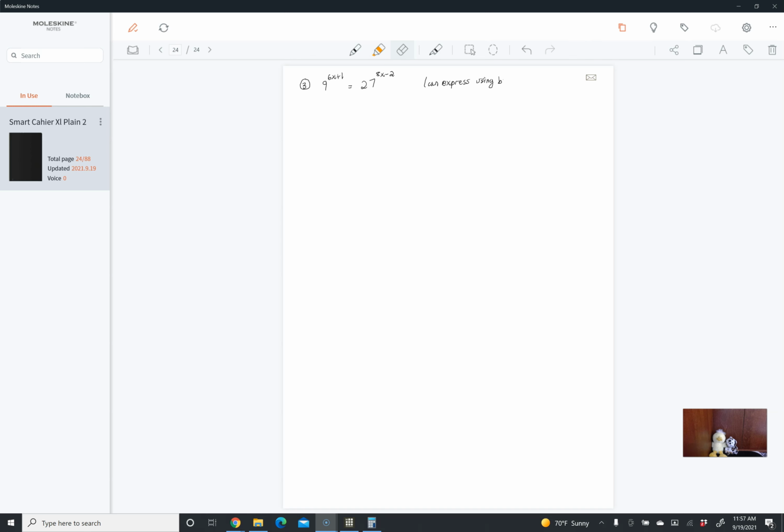Remember, we're thinking of powers. The most common mistake is people will say that 27 is 9 times 3. That doesn't work, okay? So they're both powers of 3. Just as a note here, 9 is equal to 3 squared, and 27 is equal to 3 cubed.